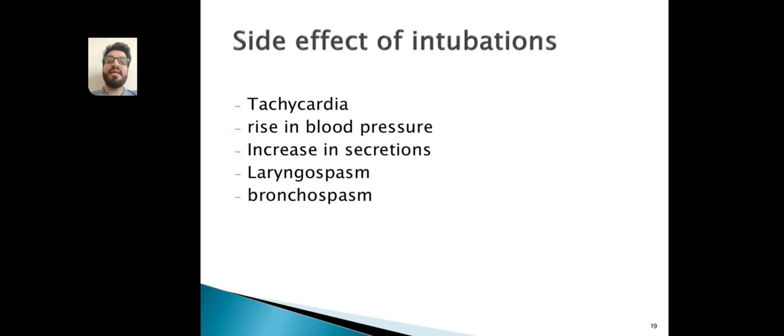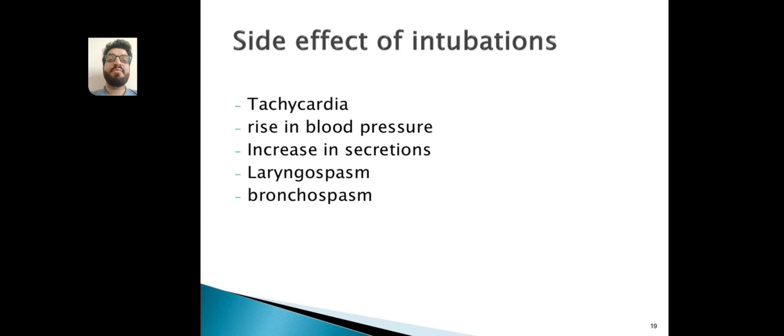There can be laryngospasm. It is a possible reaction, and it's dangerous because in this case the vocal cords get closed and the patient is not able to open them, and we are also not able to pass the vocal cords. So this is a possible complication or reaction.